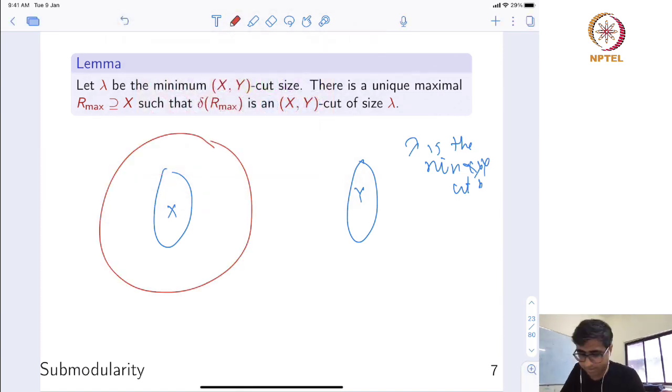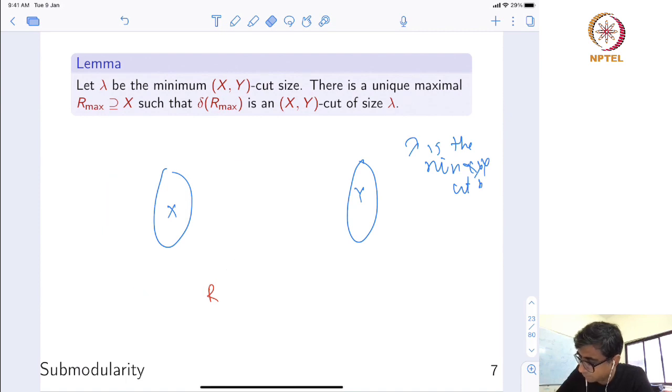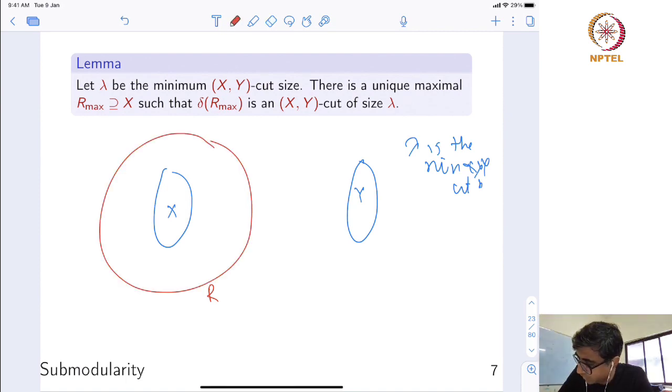So this is an x, and it's a minimum cut, so it's also a minimal cut. So we can find a set R such that there are lambda edges leaving out. But there could be several such R's that will do the job for you.